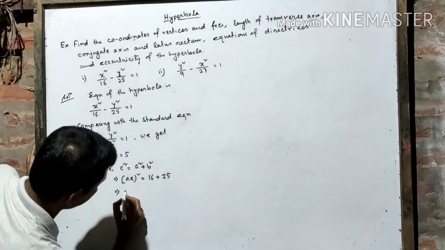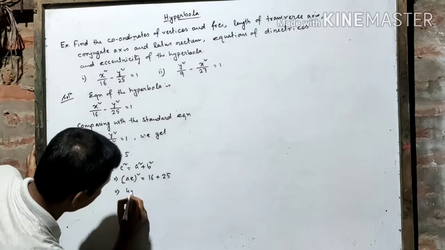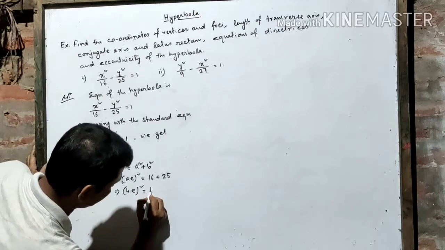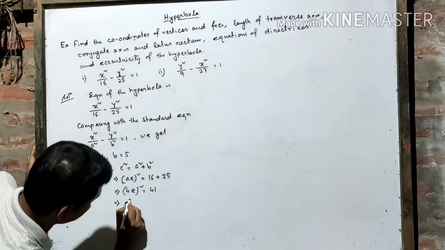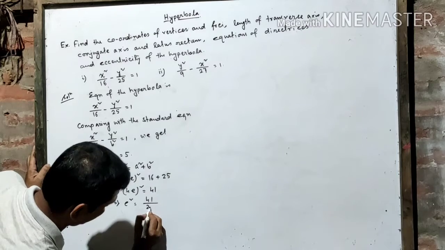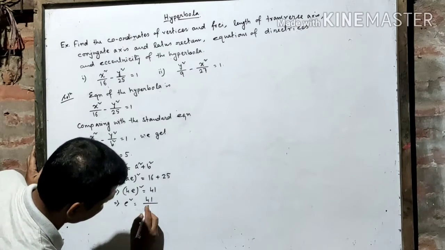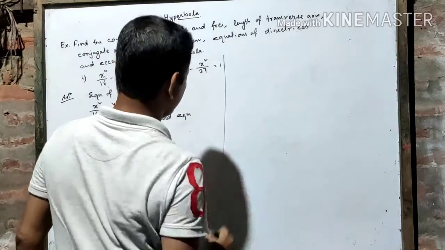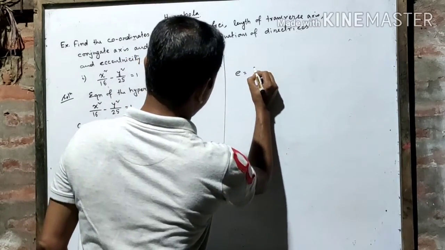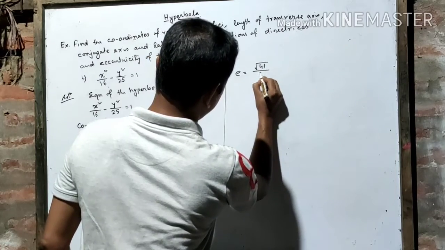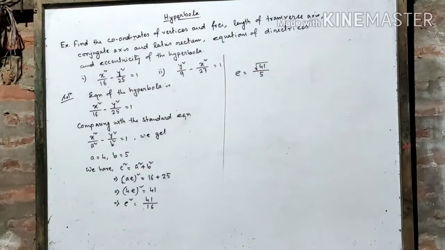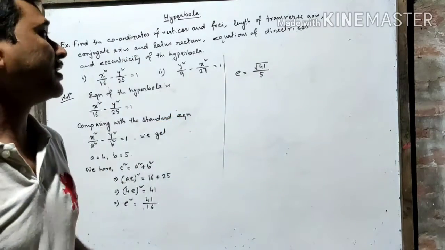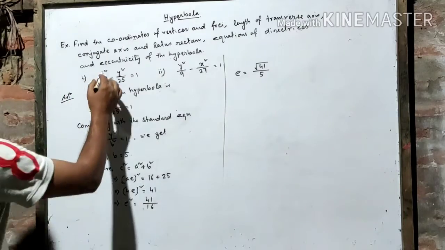This implies a means what? 4. 4e whole square is equal to 16 plus 25, that means 41. This implies e square is equal to 41 by 16. This implies e is equal to under root 41 by 4. Yes, this is eccentricity of hyperbola because this is greater than 1. So thus we find eccentricity as root 41 by 4. So we have found eccentricity.